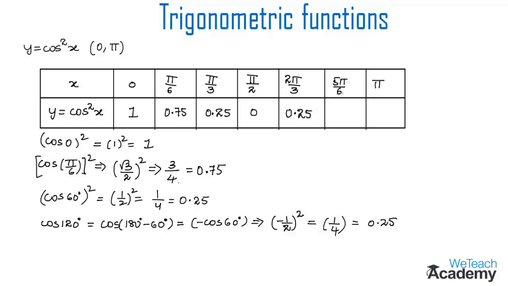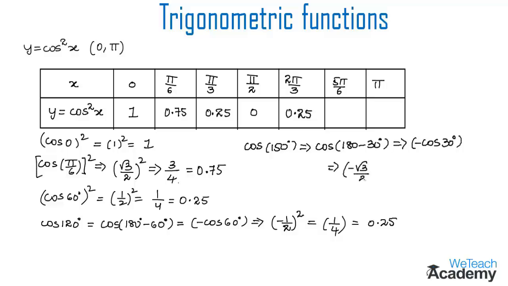And then the next radian is 5 pi by 6, which is nothing but 150 degrees. First, let us find the value for cos 150 degrees. Cos 150 degrees can be written as cos of 180 degrees minus 30 degrees. It is in the form of cos 180 minus theta, which is equal to minus cos theta. So we get minus cos 30 degrees, and the value for cos 30 is root 3 by 2.